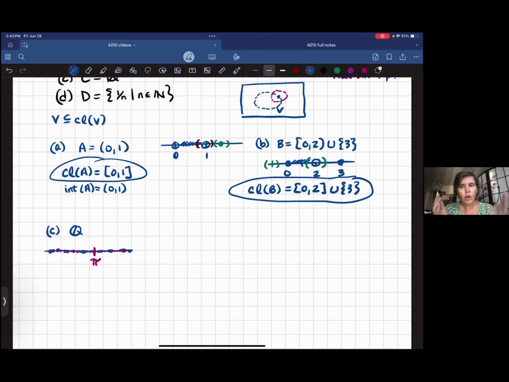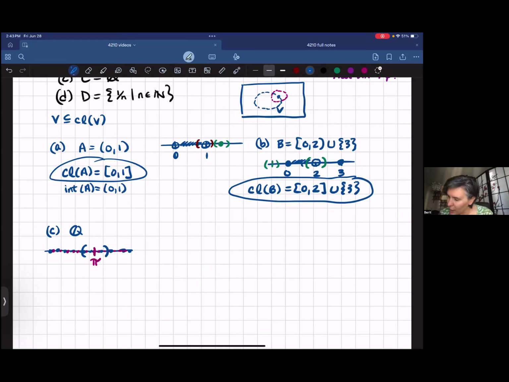If I were to take an open interval that has pi inside of it, does that open interval have to touch the rationals? Could I make that open interval so small that there are no rationals in it? You can't, because the rationals are what we say is dense, between any two numbers.